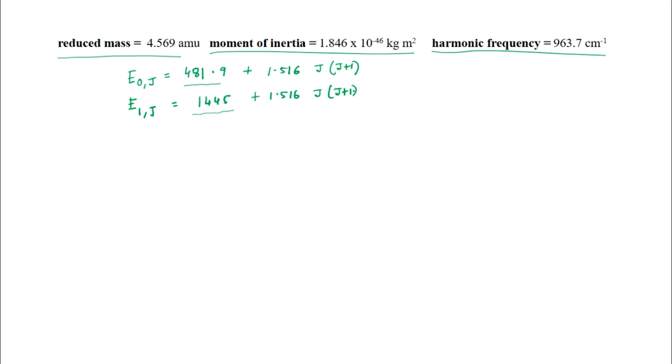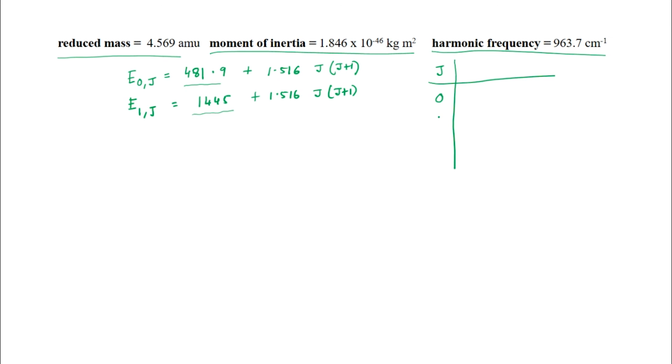So, we have to find the energies of the first 3 rotational levels for V equals 0 and V equals 1. So, I will not do the entire calculation, but I will just try to make a table, so that you can do the calculation and check it yourself. So, we will put j here.